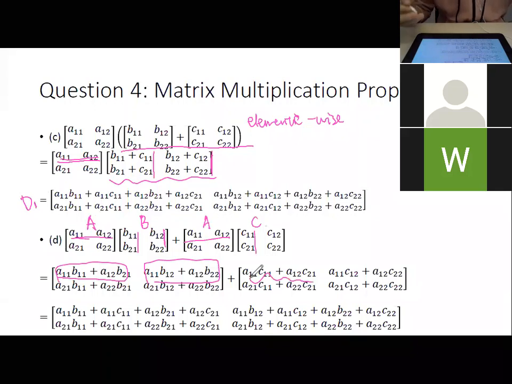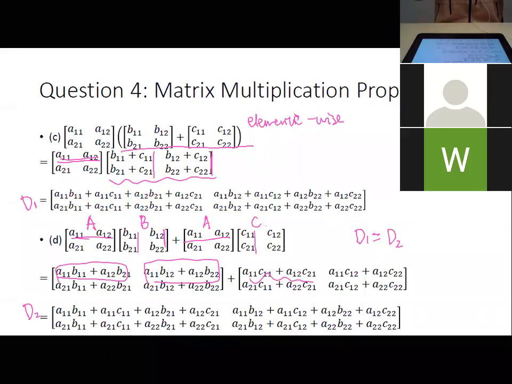I think you already know how to do it. So we skip this step and get the final answer. It's D2. And we make the observation again. That means D1 is equivalent to D2. So in this way, I think we have verified the key point is right again.